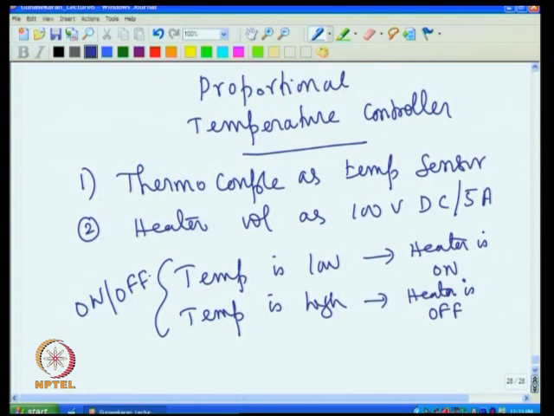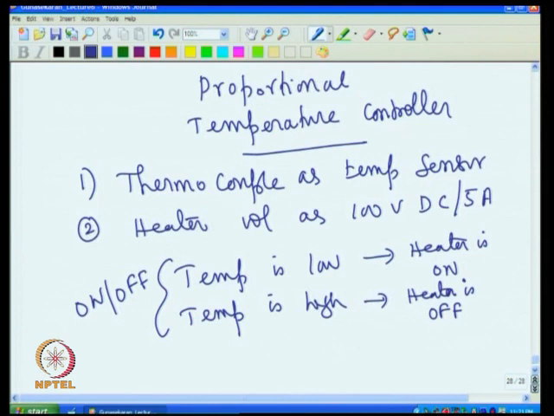If I am setting at 50 degree, once the heater is on at 50 degree, then immediately it can't switch. So we had to give some hysteresis, that is, if I switch on at 49 degree then it will switch off only at 51 degree. This is a must to avoid too much on-off action, particularly if you are using a relay.